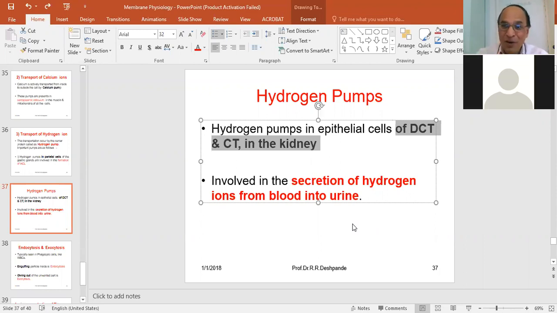Blue litmus paper turns red in urine examination. The root cause is here. The human body throws hydrogen ions outside through the urine. Do you understand? So this pump is very useful in the DCT and CT.